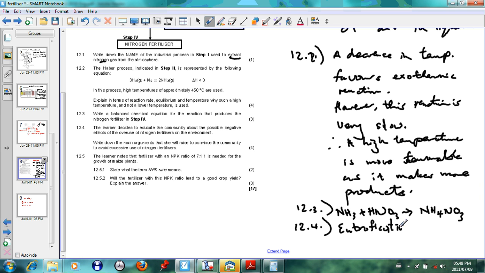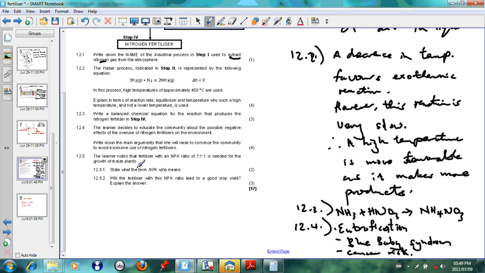She can talk about blue baby syndrome. She can talk of contamination of excess nitrogen in the soil that causes carcinogens, which is cancer risk due to contamination, etc. So those are the answers that she can give to answer question 12.4.